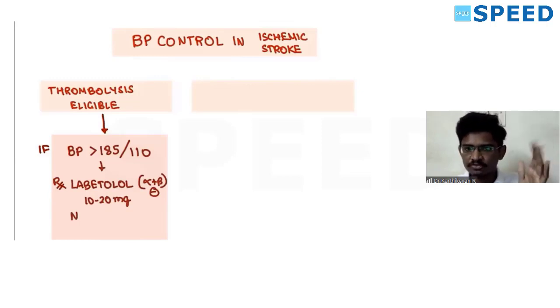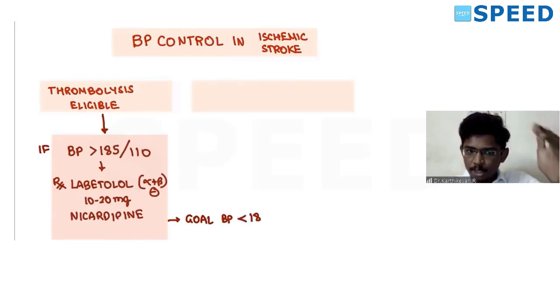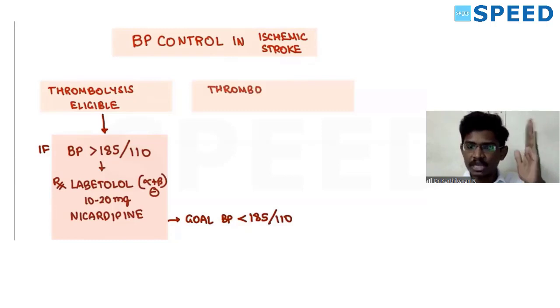It's very important. Your BP control should be there if the BP goes above 180/110. You can give labetalol, which is an alpha plus beta blocker, used in hypertensive emergencies as well as urgencies. So labetalol becomes your drug of choice. Treat the hypertension there. Bring the BP below 185/110 if the patient is thrombolysis eligible.